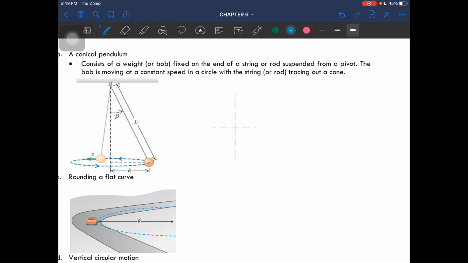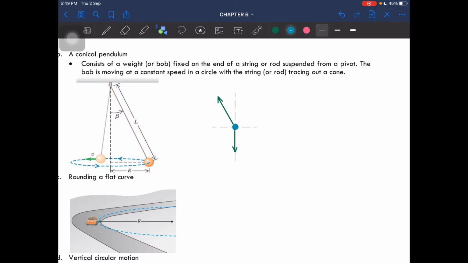Let me make the ball blue. The ball will experience weight, and then there is tension through the rope. Tension is here through the rope, and then there is weight. Anything else? That's it. Don't forget to draw your angle.